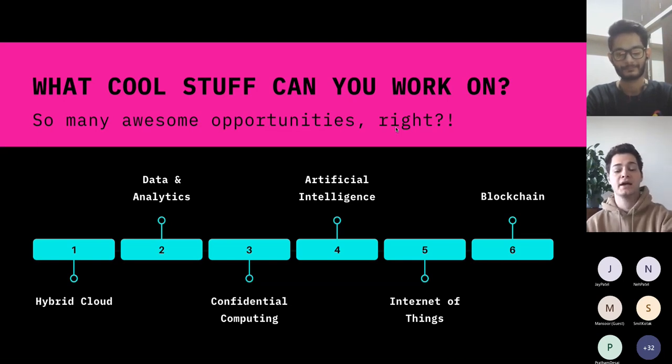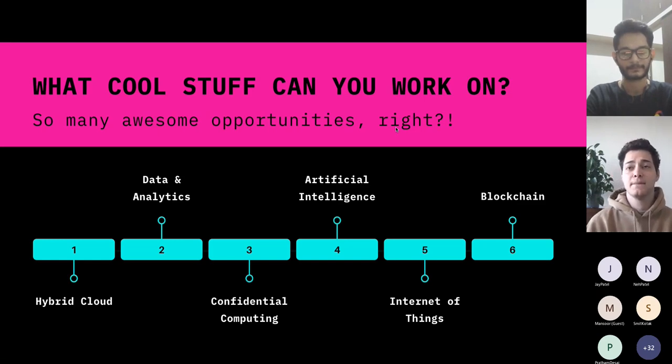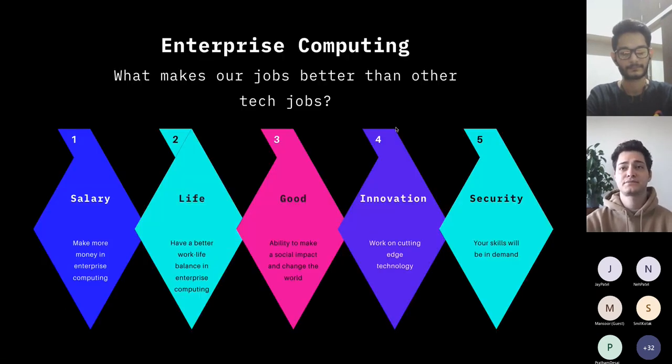So if you're interested in AI, there's AI on IBM Z. If you're interested in blockchain and cryptocurrencies and whatnot, there's a route to engage with that technology within the sphere of IBM Z. So it's really not just this hollow picture of what enterprise computing is. It's actually more diverse and more filled out than that.